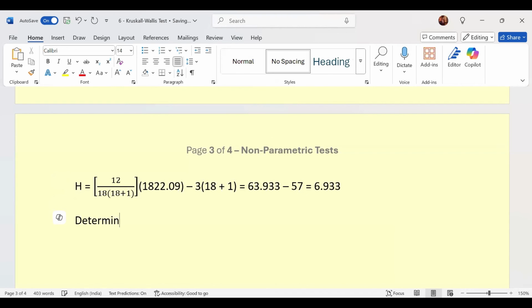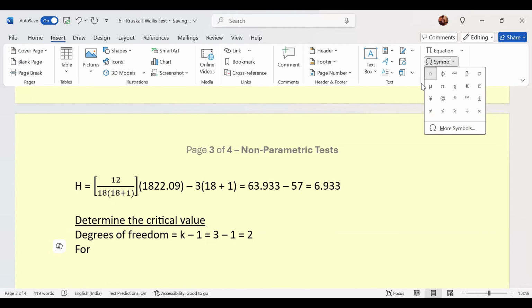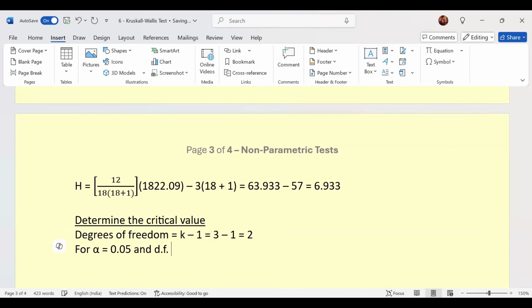Now determine the critical value. Primarily degrees of freedom is k minus 1. k is the number of groups. Minus 1, we get 2 degrees of freedom. For alpha equal to 0.05, the level of significance, and degrees of freedom equal to 2, the critical value from the chi-square distribution table.